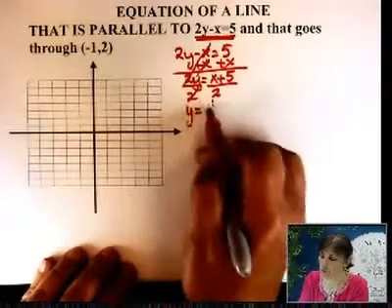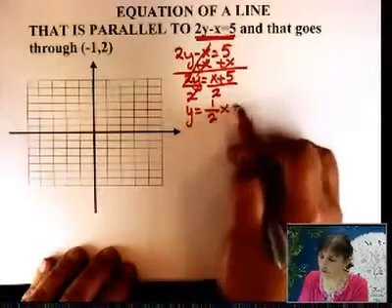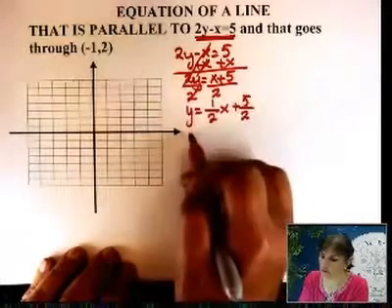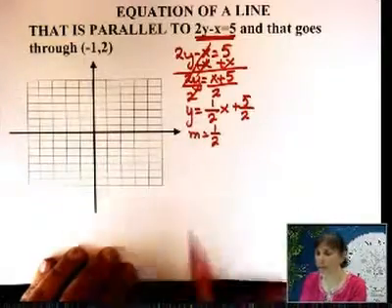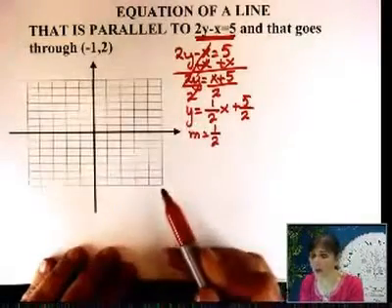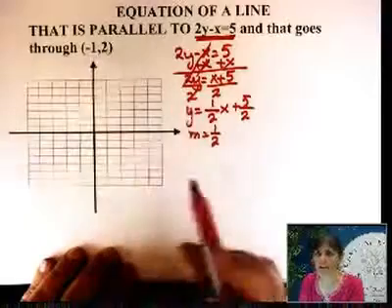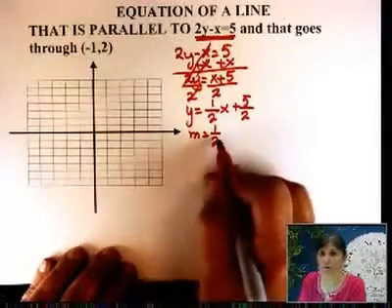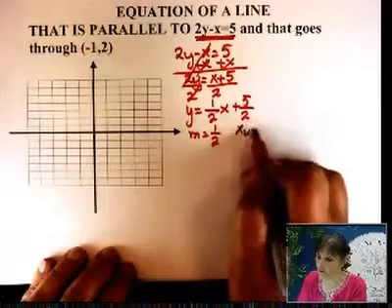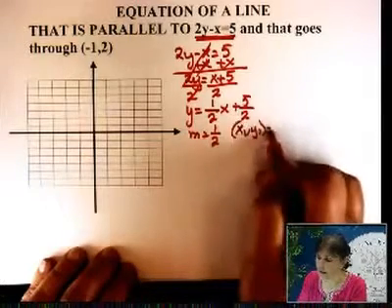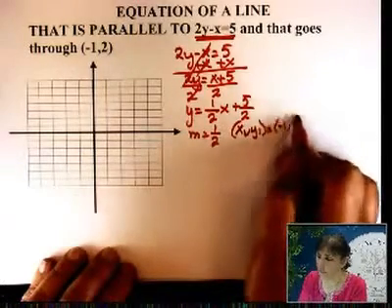Y equals 1/2 x plus 5/2. That will give me the slope of 1/2. Now, this one says I want the second line to go through -1, 2. So I got the slope from the first line, and that means x1, y1 is simply -1, 2.